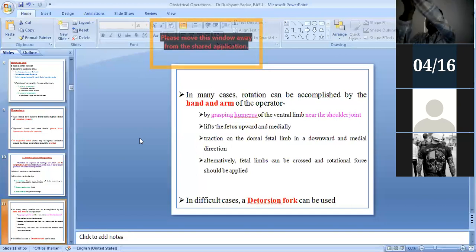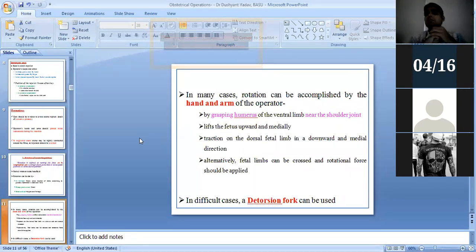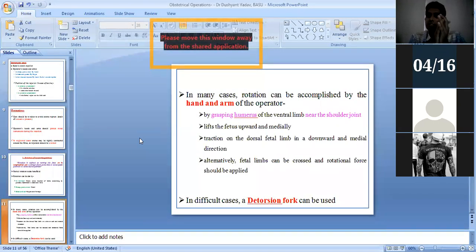After that, give it traction downward, meaning below the vertebral column, in a downward and medial direction. Then alternatively, you cross the limbs and rotate the fetus. It is very easy, and if a live demonstration is possible with a dummy fetus, then it is even easier.